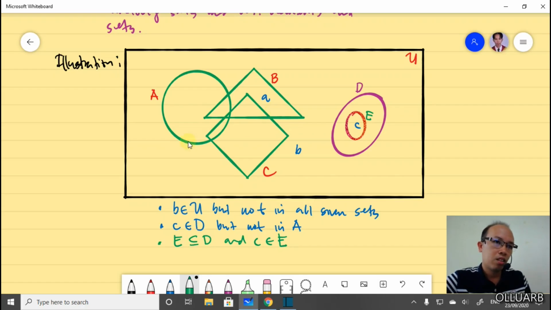Subset, because every element of E is also an element of D. Okay, so that's what we mean by a Venn diagram.